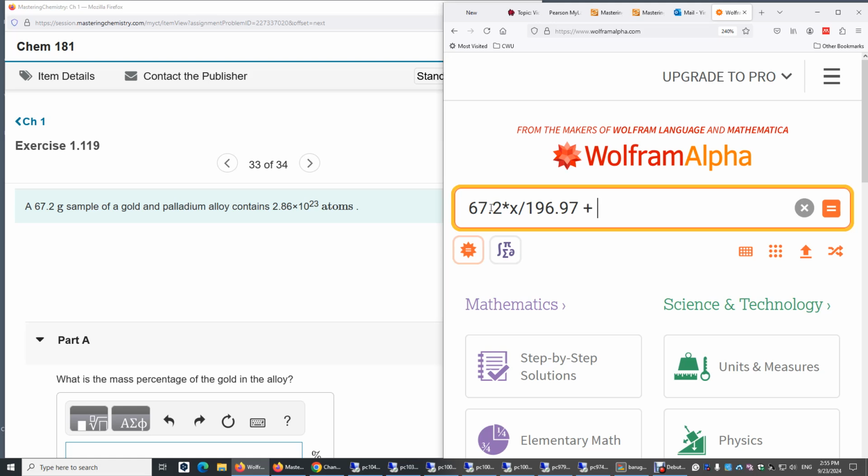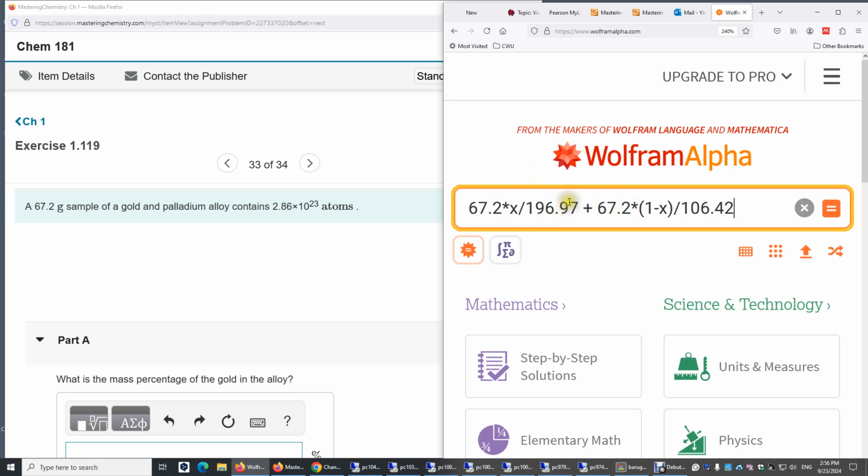And then we have 67.2 times 1 minus X. We get the mass of palladium. So this part is the mass of palladium. And then divided by the molar mass of palladium, which is 106.42.